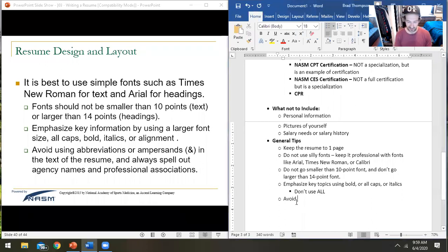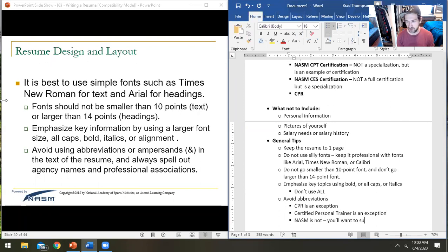And avoid abbreviations. Avoid abbreviations is going to be key. There's a few exceptions to the rule. CPR is an exception. Certified personal trainer is the exception. Those are such common terms in our industry that those are the two that you can do, but NASM is not.